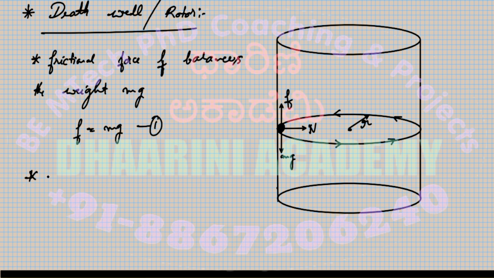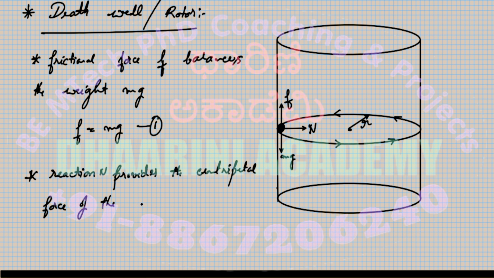So N should be equal to the net force, that is m into v square by the radius, or you can also write it as m into r into omega square.